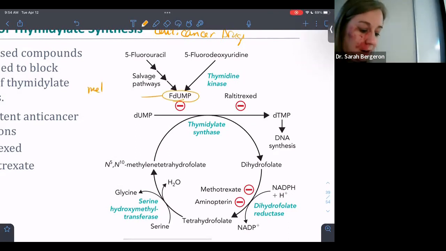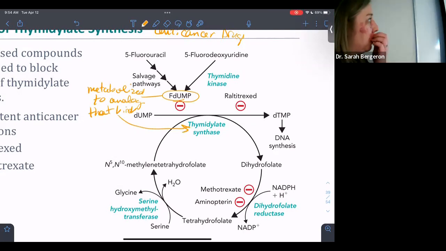So it's metabolized to an analog that binds thymidylate synthase. Yeah. Okay. All right. What you could also have is an inhibition at any other point in this cycle.